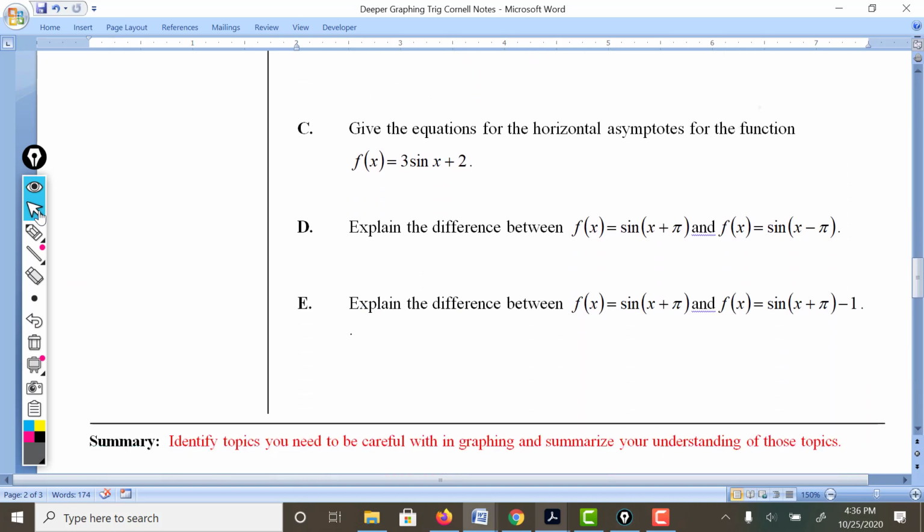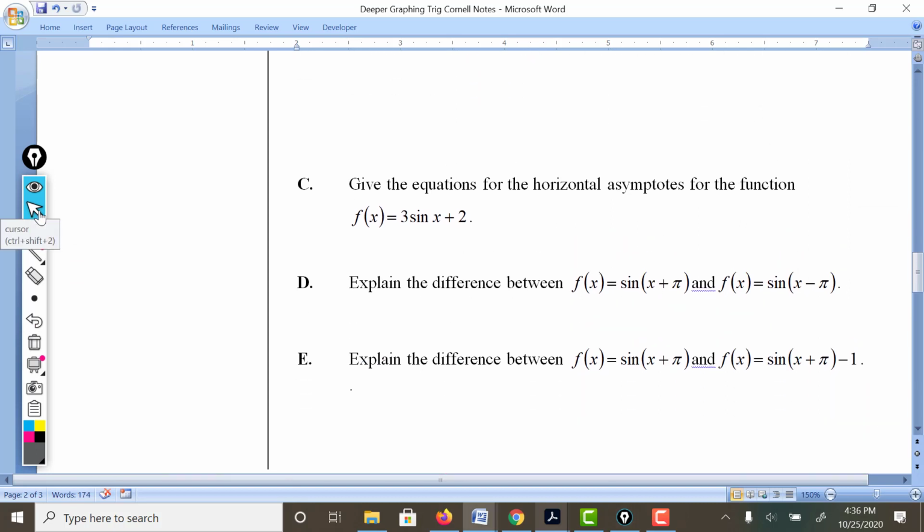C. Give the equations for the horizontal asymptotes for this function. If we were to graph this function, I need more room. So this is the 1, 2, 3, 1, 2, 3, just sine, but everything's going to move up by 2.